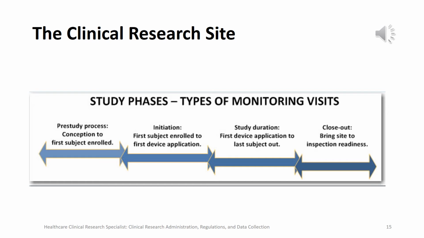And then finally, once we get to the conclusion of the trial, we're going to have our closeout visits, and we're going to wrap everything up, make sure the site's aware what their responsibilities are, moving forward, after we've collected all of our data, locked our database, and we've concluded the trial.